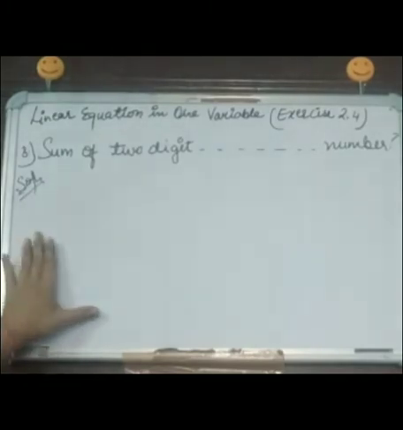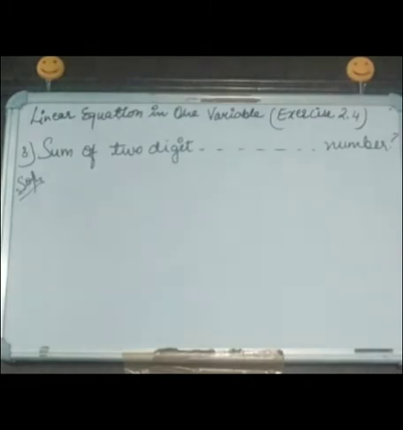Now see the third one. The third question is: the sum of digits of a 2-digit number is 9. When we interchange the digits, it is found that the resulting new number is greater than the original number by 27. What is that number?